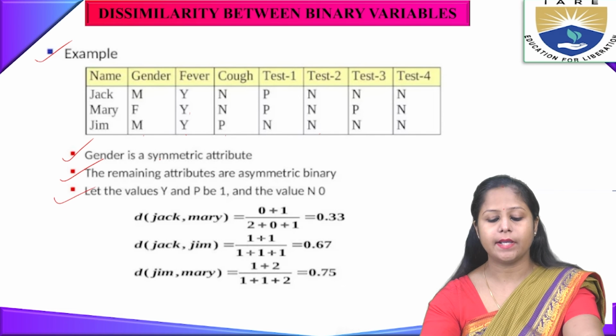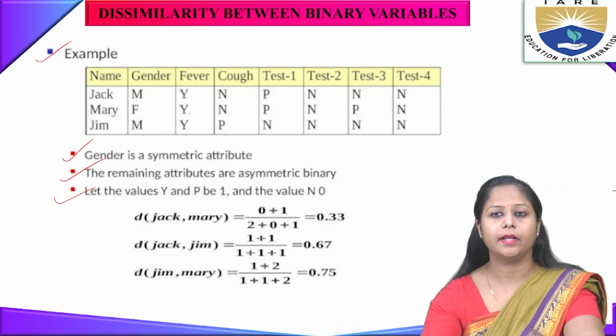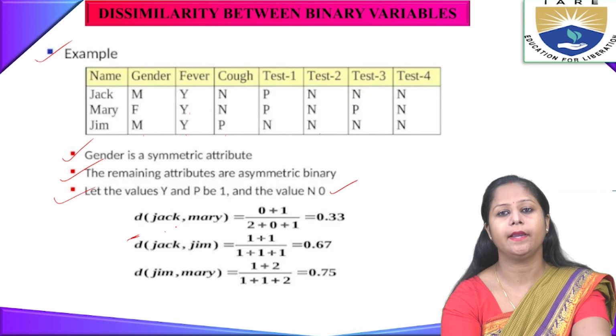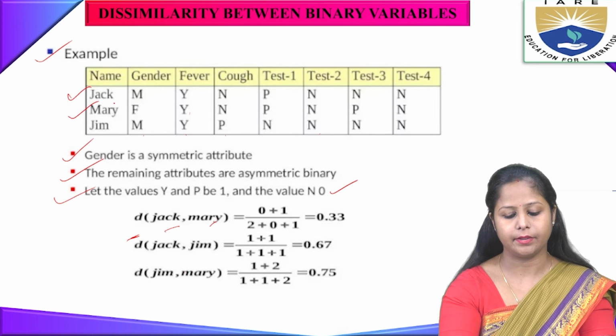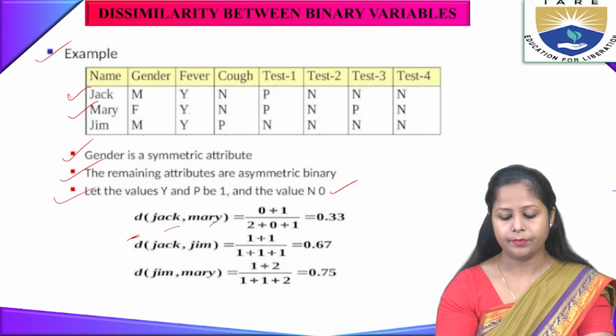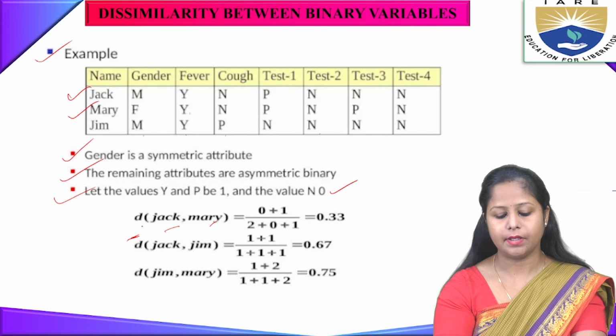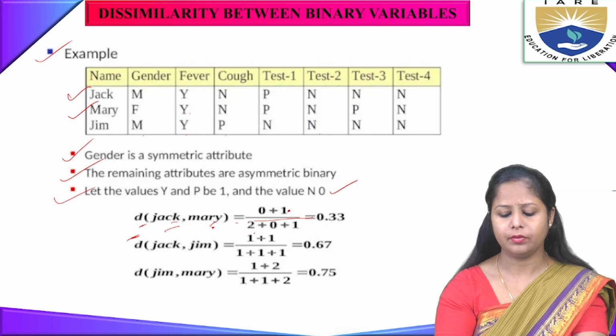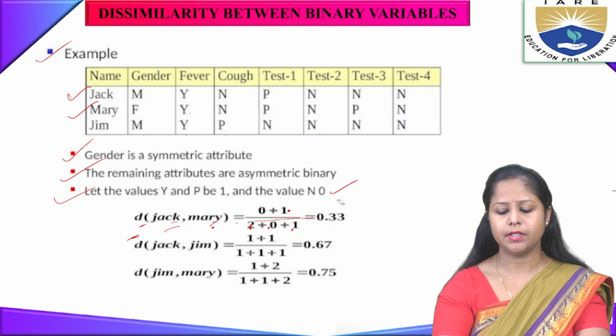So let the values Y and P be 1 and the value N be 0. So we will calculate the dissimilarity of Jack and Mary. Here we have the value for N 0, value for P 1, upon (2 plus 0 plus 1), so the dissimilarity will come as 0.33.